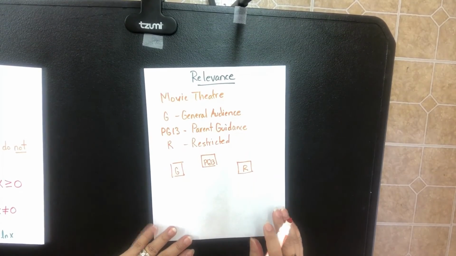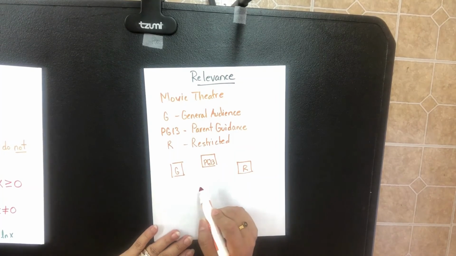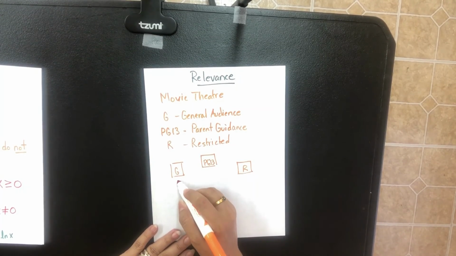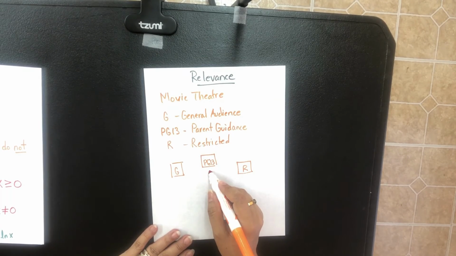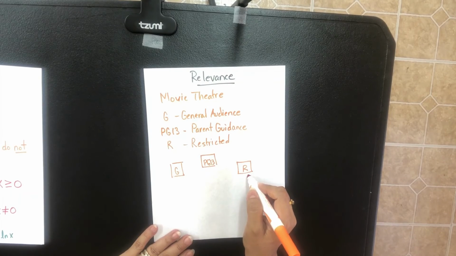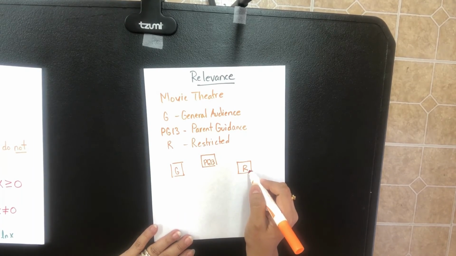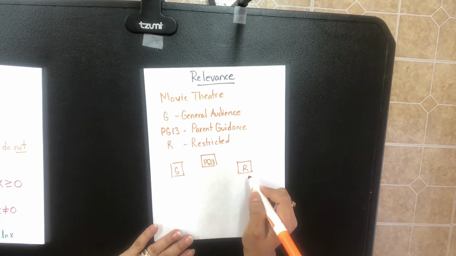And you may find that it would be fine. Everybody can go to this movie. Only those under 13 should be attending this one, and then of course this one I believe is for 17 and up, restricted, unless you're with a parent.